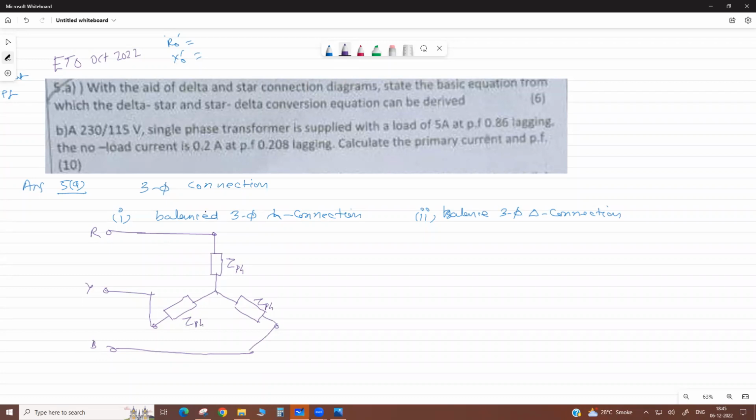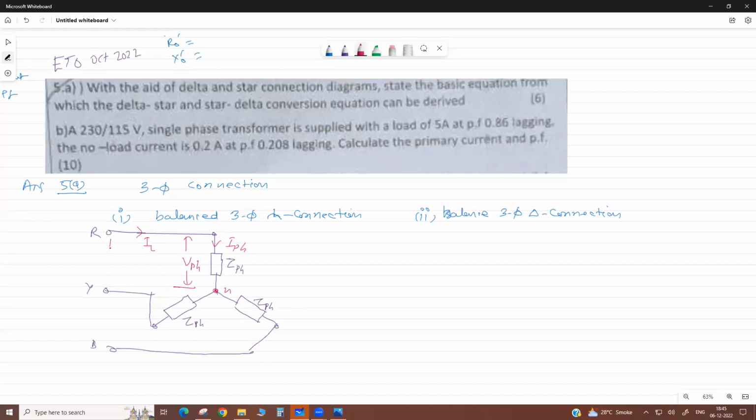Now here this is the line current, and here it is a phase current. Then this is the neutral point. Between this neutral and any line, that is called a phase voltage, the voltage across phase winding or phase impedance.